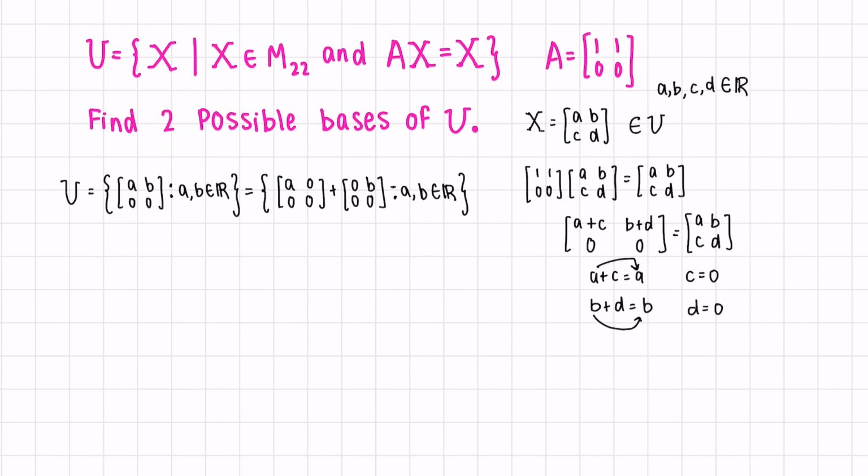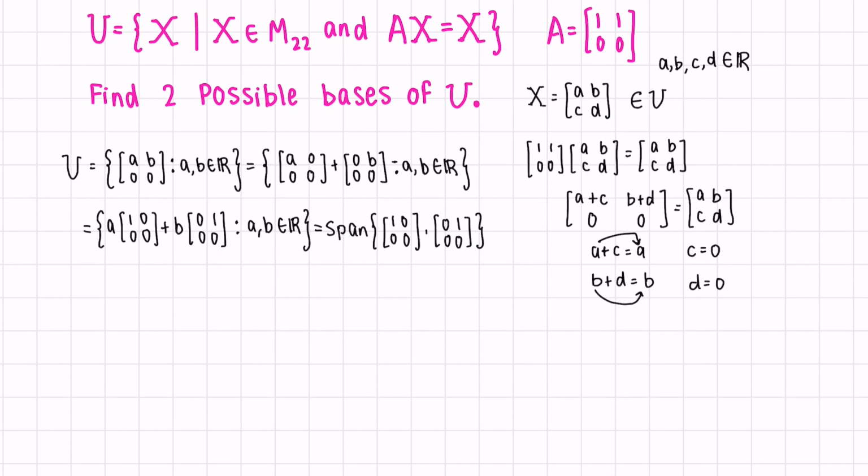Now we can factor out the a and the b, and a linear combination is just the definition of a span. Since U is spanned by two matrices, let's check if we need both of these matrices. If these two matrices are independent, we'll need two matrices in order to form a basis of U. Independence is pretty obvious here.